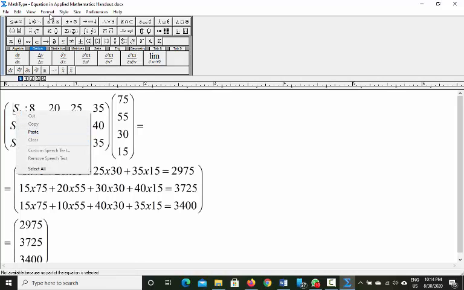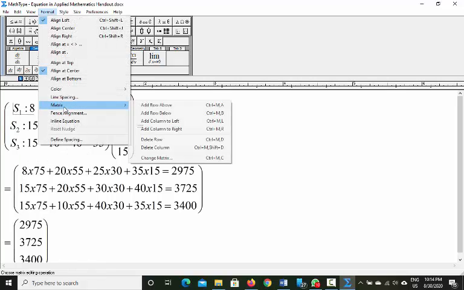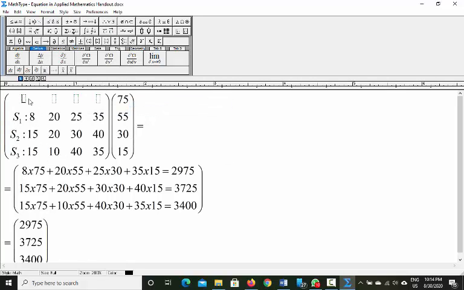So this is the sales price. The first one represents the sales price of watch. The second one represents the sales price of rings. The third one represents the sales price of necklaces.